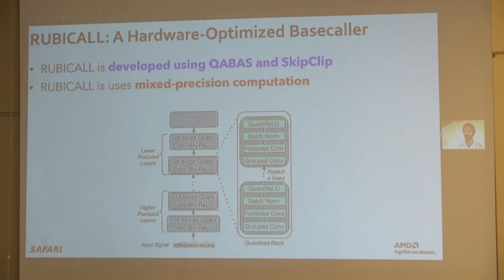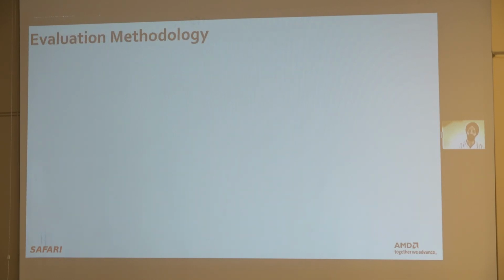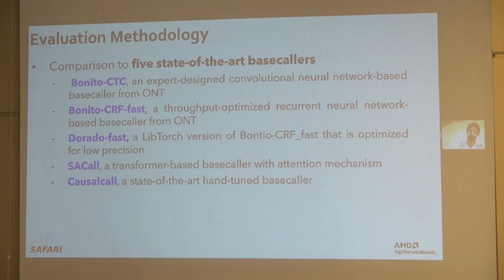Then we wanted to compare this architecture with other basecallers out there to see how good or bad our search algorithm was. So we compared with 5 state-of-the-art basecallers, from ONT and other open source basecallers like SACall, which uses a transformer, and Dorado Fast, which is quite state-of-the-art, where they're using LibTorch to use the tensor cores.